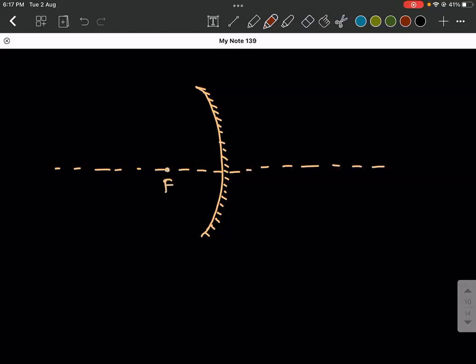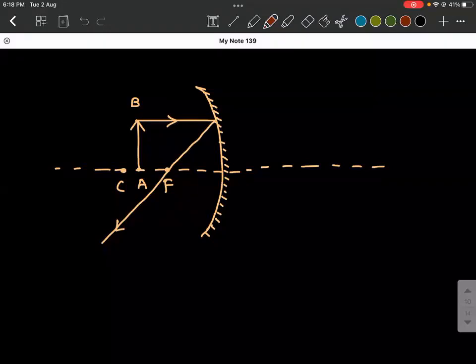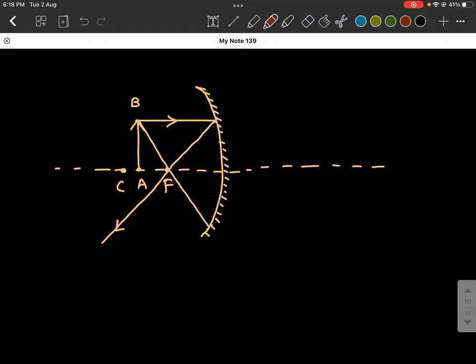Suppose I take this to be the focus and this to be the center of curvature. If an object is placed between the focus and the center of curvature, then what should happen? If I take a ray parallel to the principal axis, after reflection it should pass through the focus. And if I take a ray through the focus, after reflection it should be parallel to the principal axis. And if I take a ray hitting the pole, it should get reflected back symmetrically.